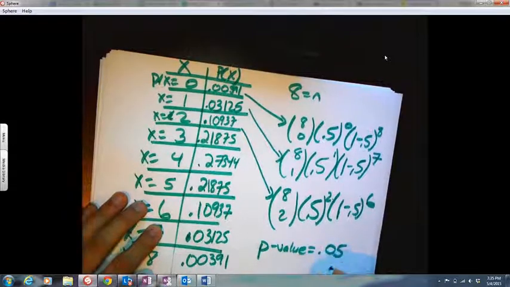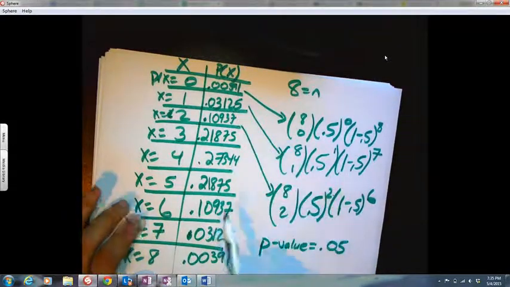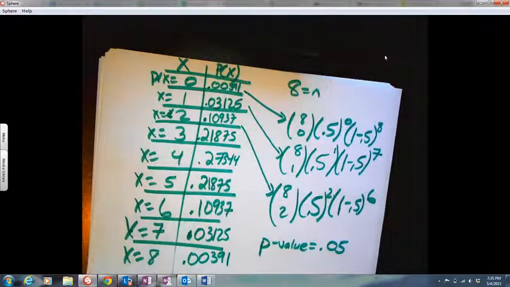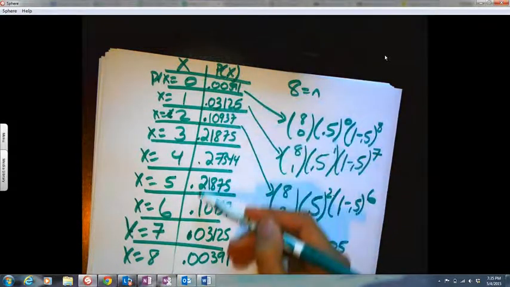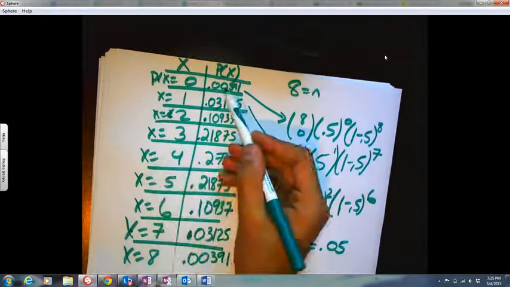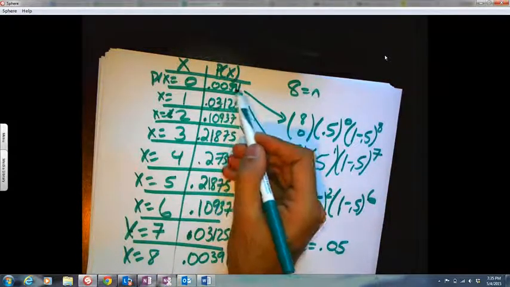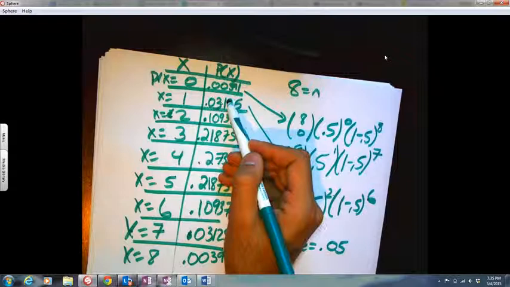Well, here are the p-values. And there's no way that when adding these p-values up, you could ever get 0.05, right? This plus this alone, too small. This plus this does not equal 0.05. And if you add this in, we're too big.